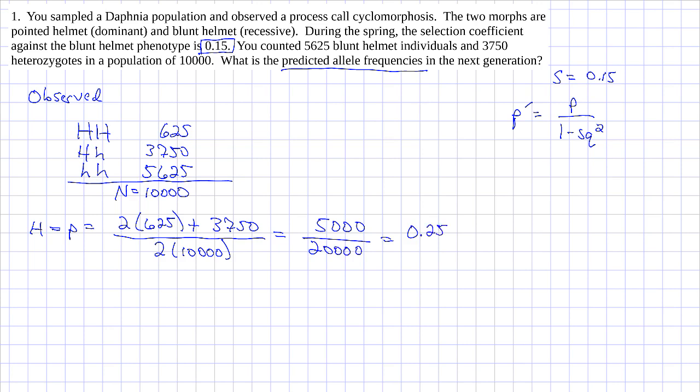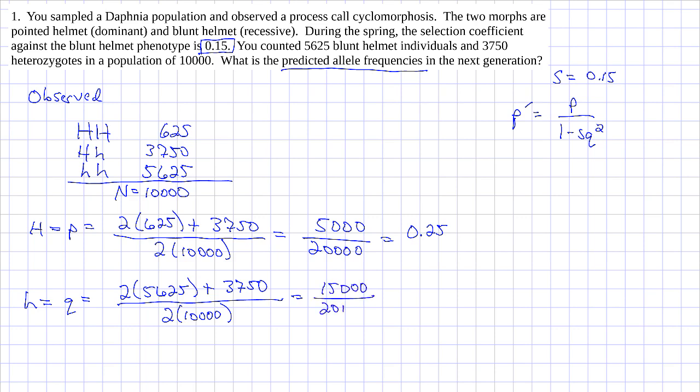I'll repeat the process to calculate our recessive allele frequency, little h, which is also Q. Now I have 2 times 5,625 plus the number of heterozygotes divided by 2 times our population size. 15,000 in the numerator, 20,000 in the denominator for a recessive allele frequency of 0.75.